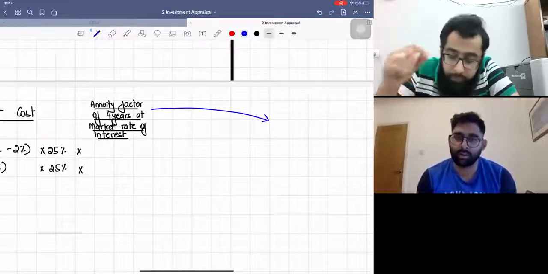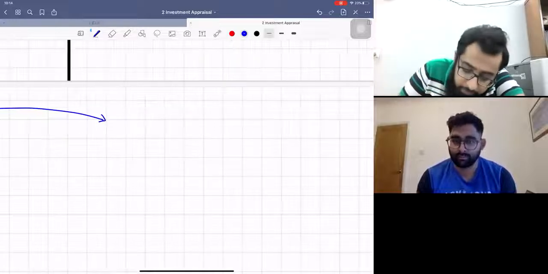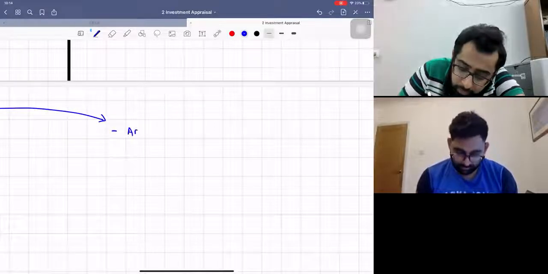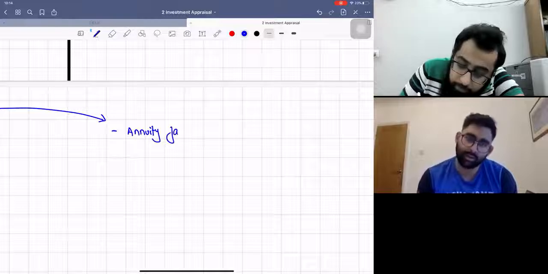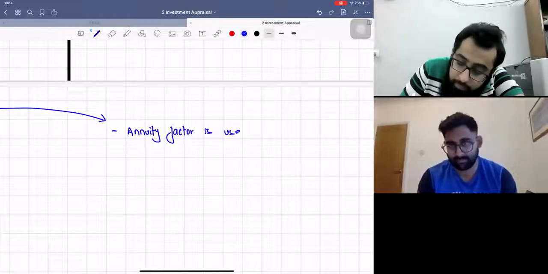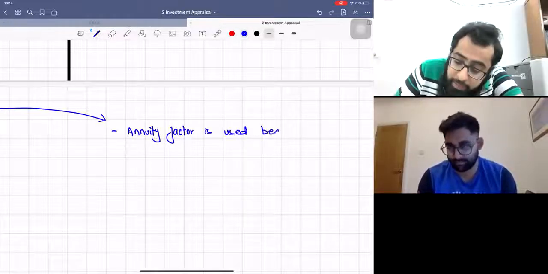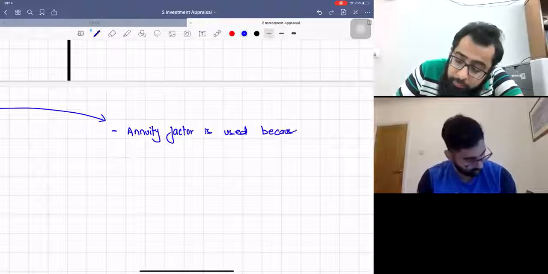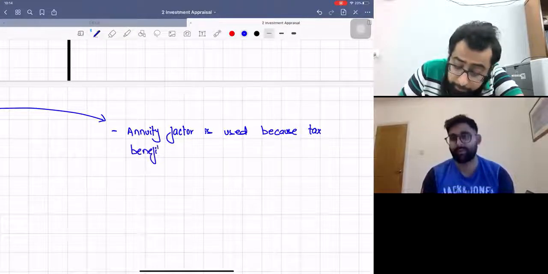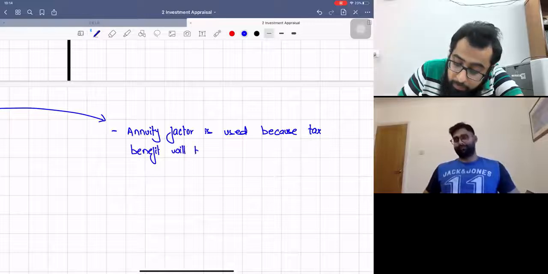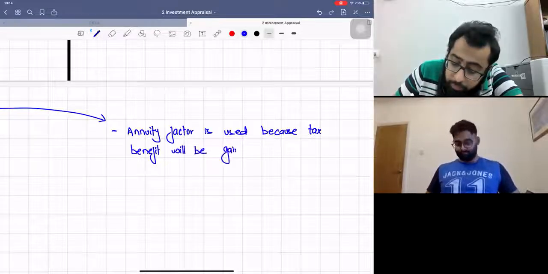Now see, I'm writing some explanation for you. Annuity factor is used because tax benefit will be gained for 4 years.